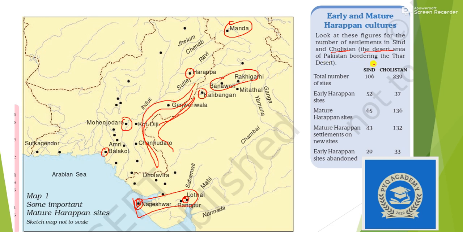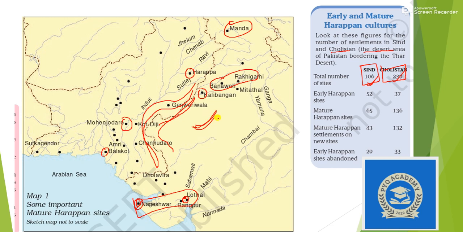Nothing more to remember, just remember the total number of sites in Sindh and the total number of sites in Cholistan. The number of sites in Cholistan was more than the number of sites in Sindh. Just remember this. This is a very important image, you should go through it a number of times.